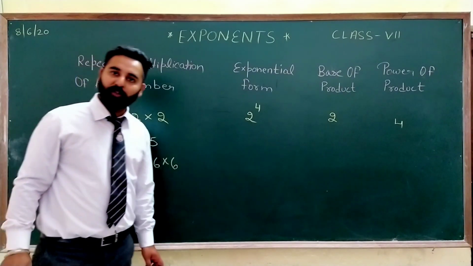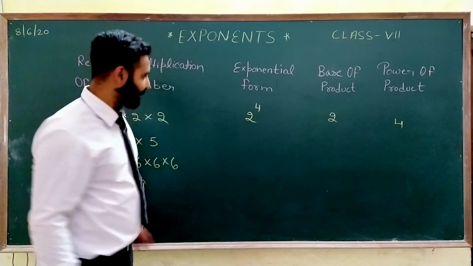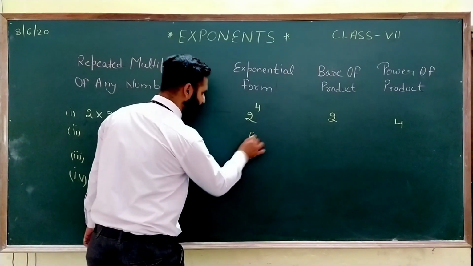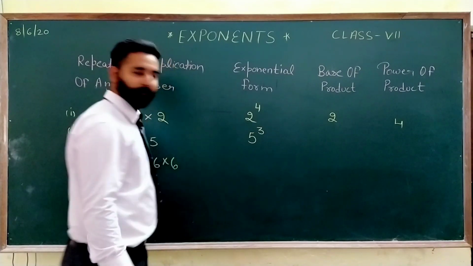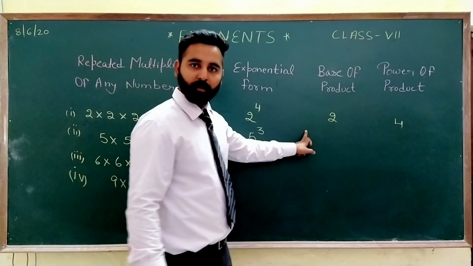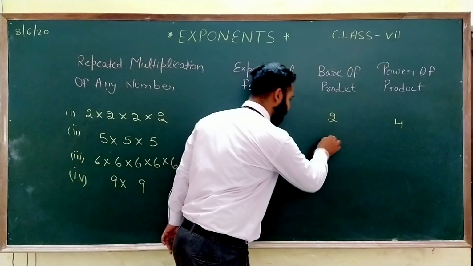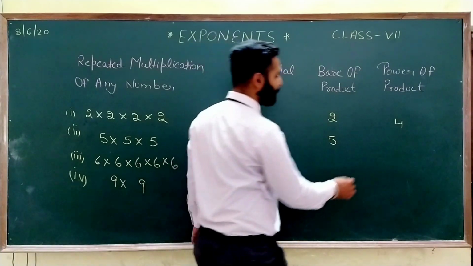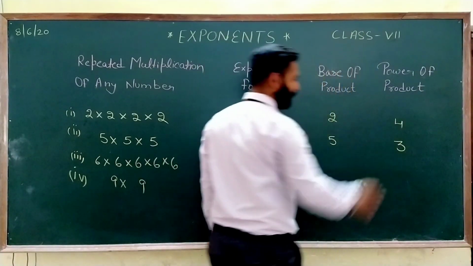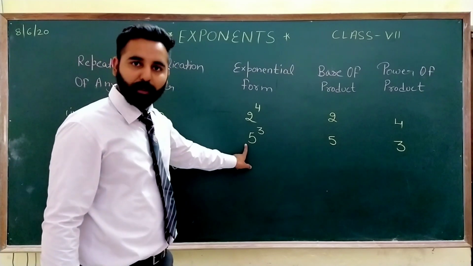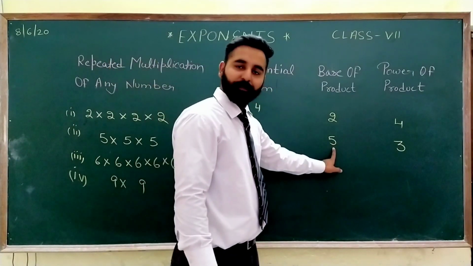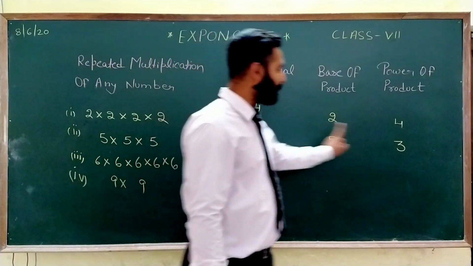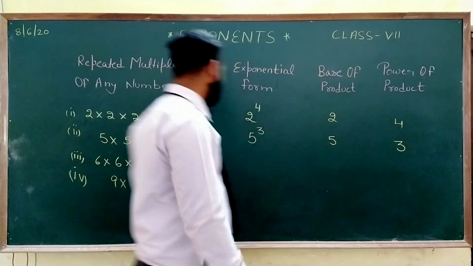In the second example, we have 5 multiplied by itself 3 times. What will be the exponential form? Yes, 5 raised to power 3. Base is 5 and power is 3, because 5 is multiplied by itself, so base 5, and 3 times it is multiplied, so power 3.